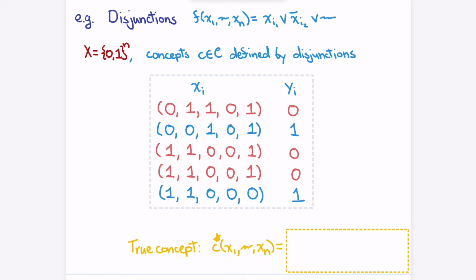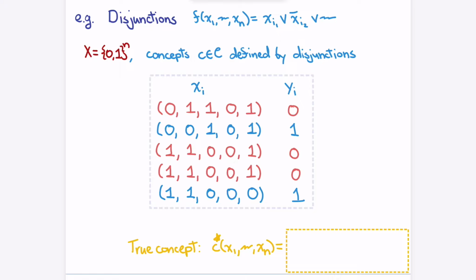That's the concept class. You're promised that these labels are coming from some unknown concept, and it has to be a disjunction. The question is, can you find a good disjunction, one that works for the labeled data?